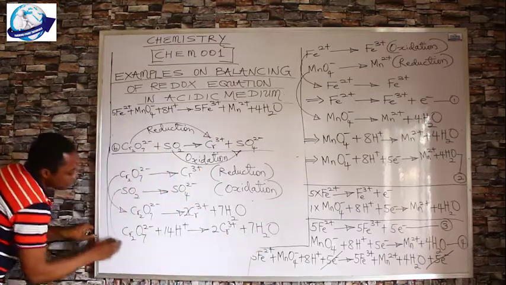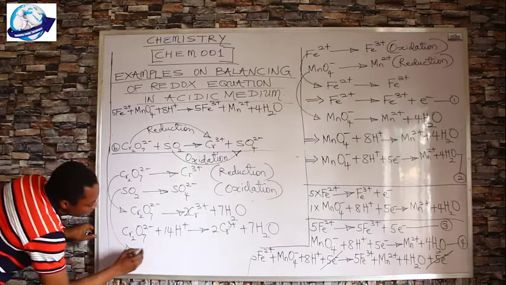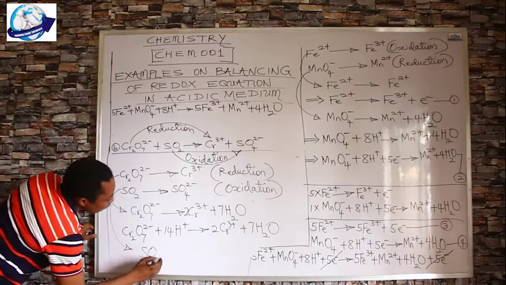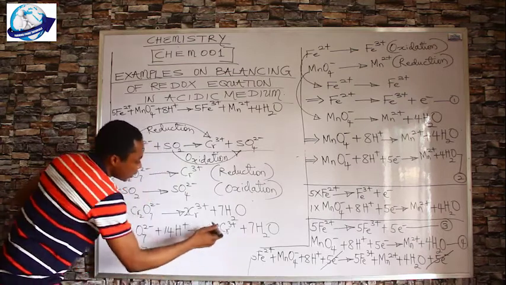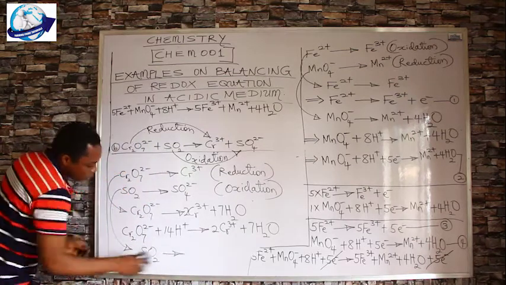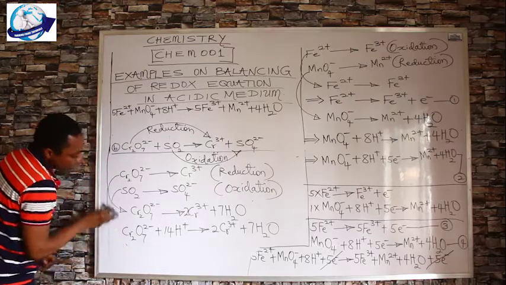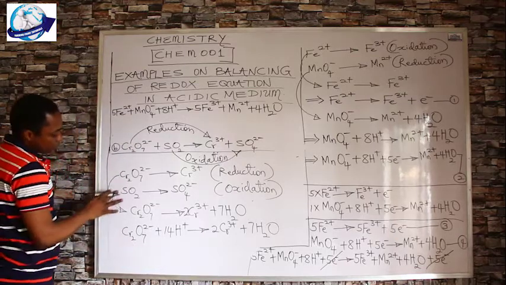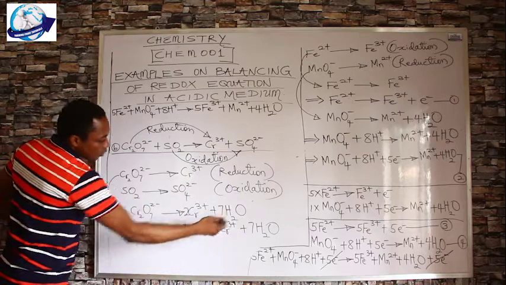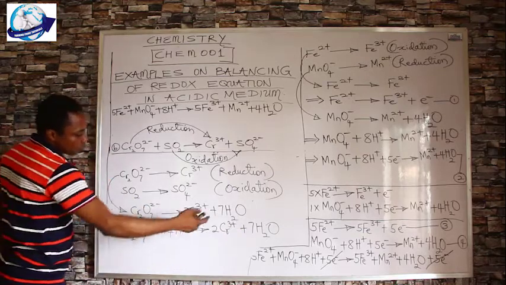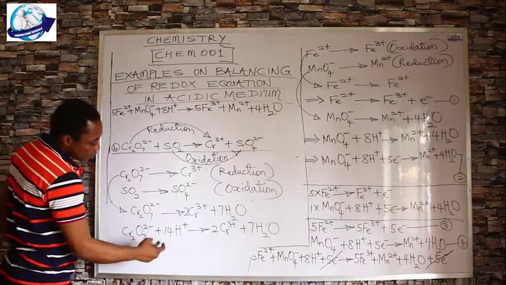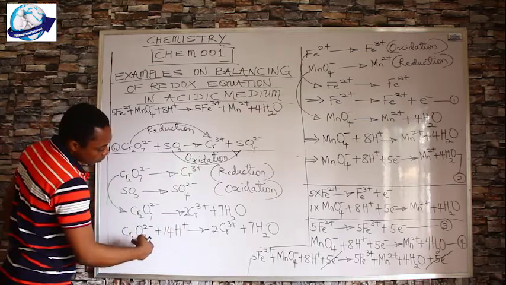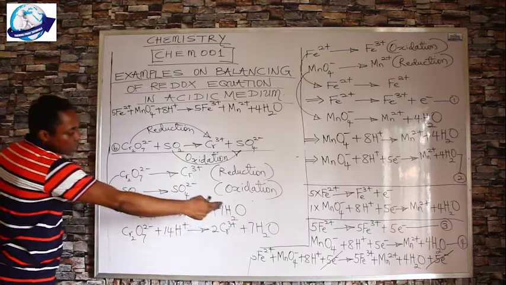Then that of the other one, you go this way: SO2 yielding SO4 2-. At least I've tried in helping you to get the balanced atoms, but the charge, I've told you before how to balance the charge. Check the total number of charges you have here, then look at the right-hand side, then balance up.